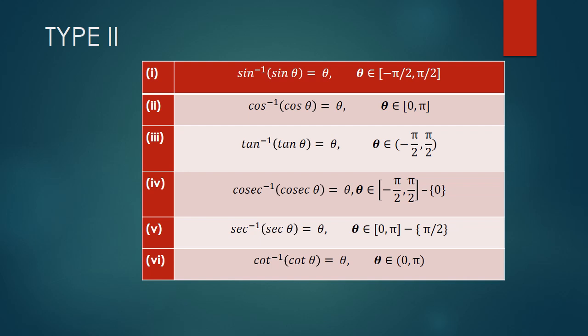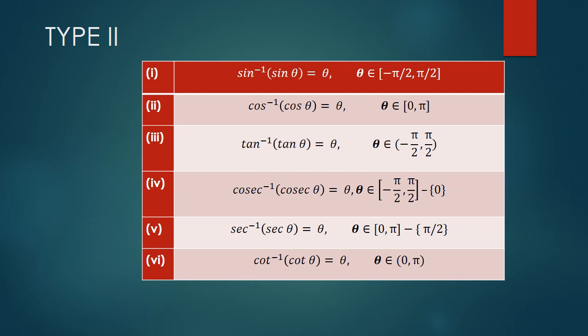Second type of formula: sine inverse of sine theta will be equal to theta, where theta belongs to the particular range minus pi by 2 to plus pi by 2 in closed interval, which is well defined for the sine function.